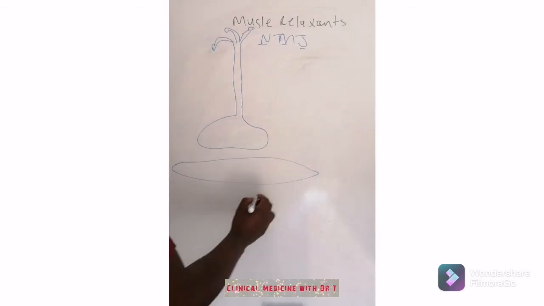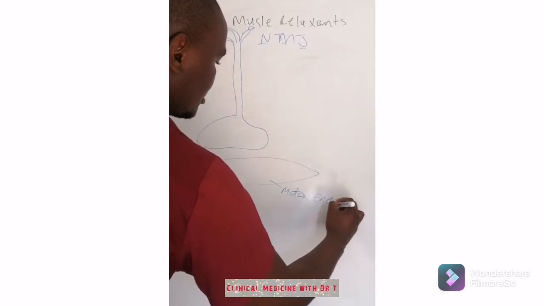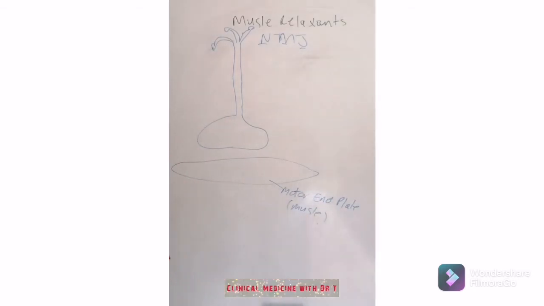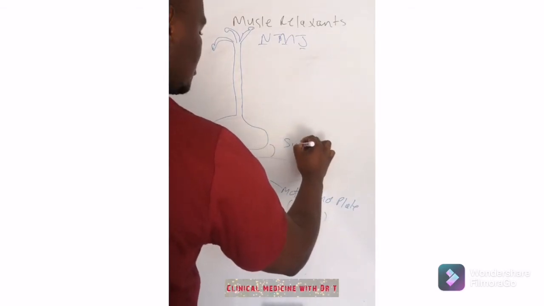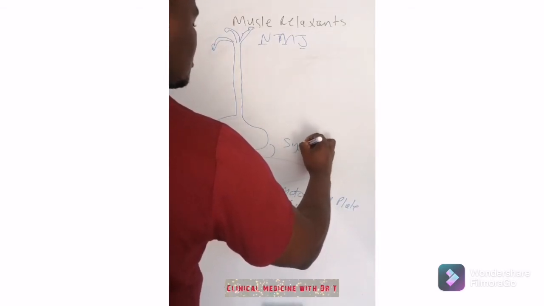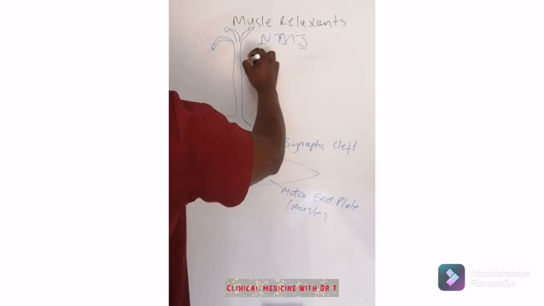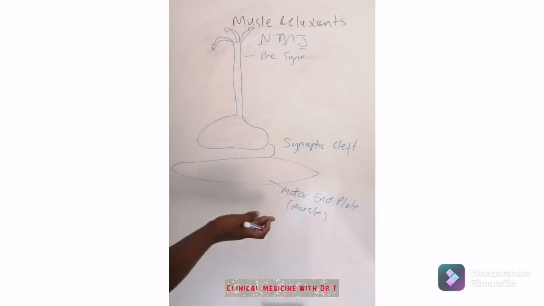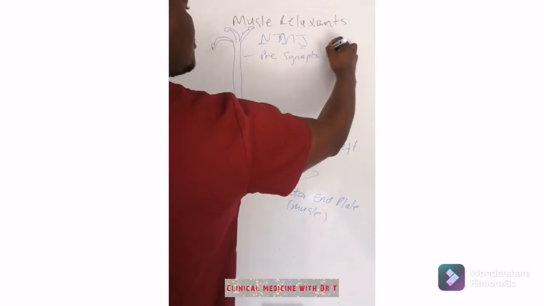This is a muscle, called a motor end plate, in the postsynapse. This area here is called the synaptic cleft. Remember, a neuron has those myelin sheaths, but that's not our focus today.